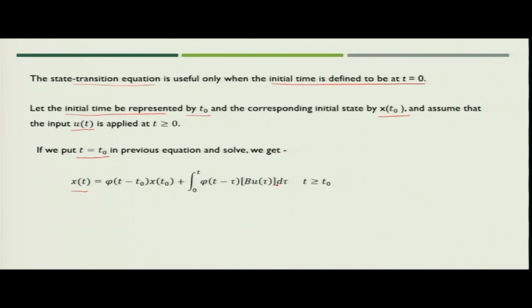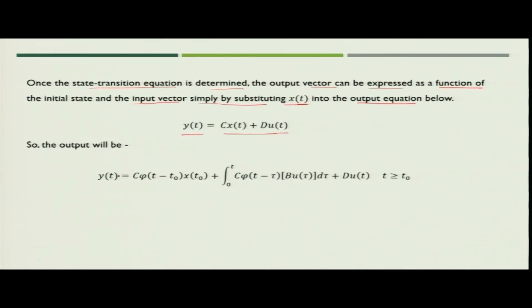We can write y(t) as C phi(t minus t naught) x(t naught) plus the integral from 0 to t of C phi(t minus tau) B u(tau) d tau plus D u(t). This is the output equation for the system where the input is available.